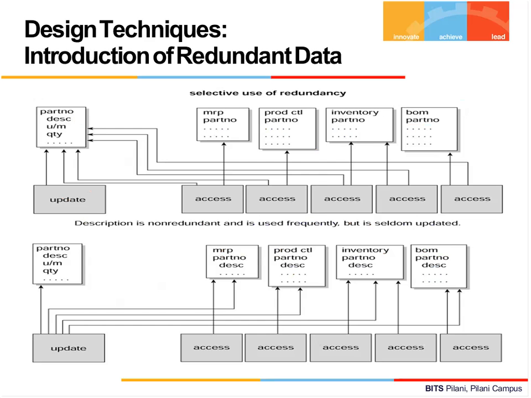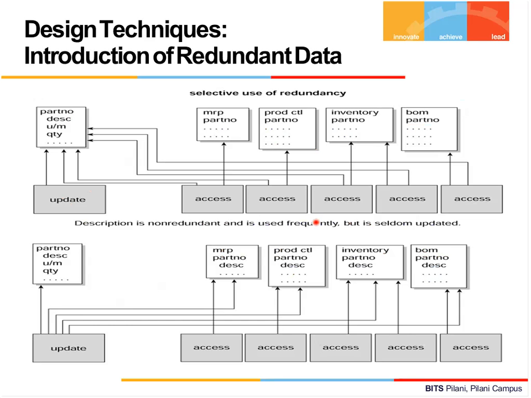So when there is an update coming, it will only update in one place. Whenever people are accessing the description, they go to this table, join to this table, and get the descriptions. If they are using another table and want to find the description, they join into this one and get the descriptions here. But when there's an update, they only update in one place, instead of updating five different tables.